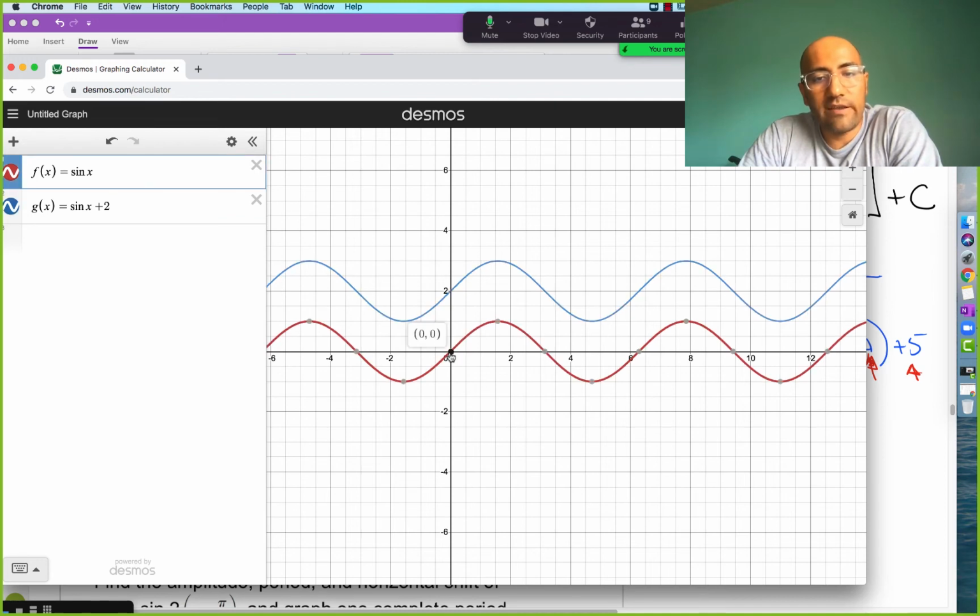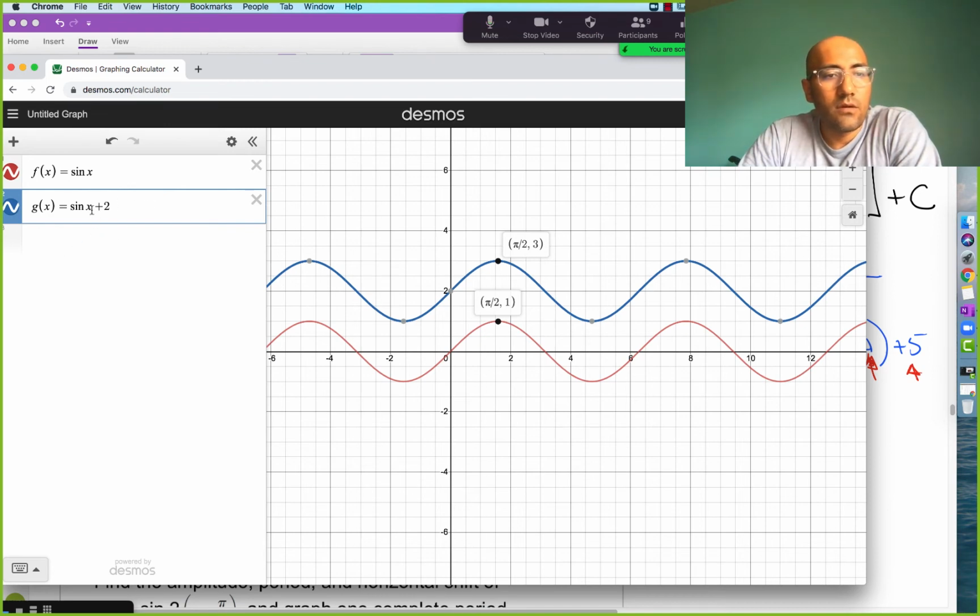When the original sine function had an output of 0, we add 2, so we get to 0, 2. When the original had an output of 1, we add 2 to that, and that gets us to an output of 3 over here. So g of pi over 2 equals 3, because we add this plus 2.